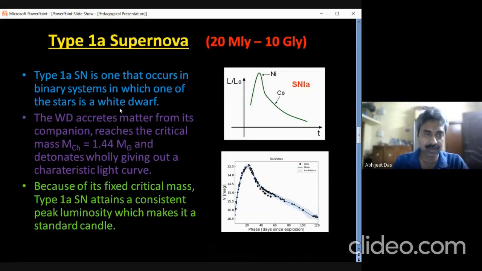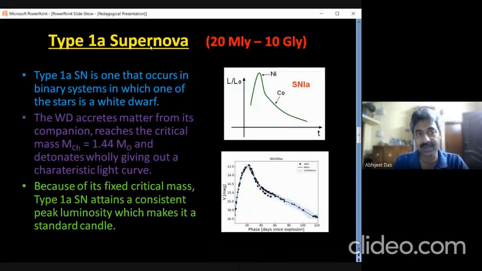So all type 1a supernovae attain the same peak luminosity, and this is the fact which makes type 1a supernova a standard candle. And once we can measure the peak luminosity, we can find out the distance using the magnitude-distance relation.